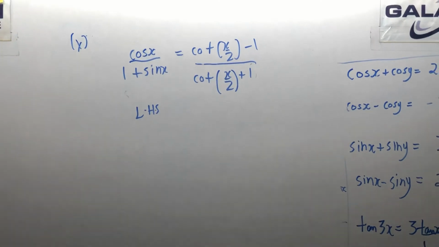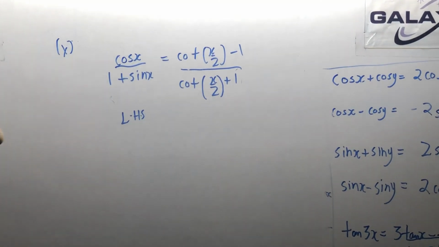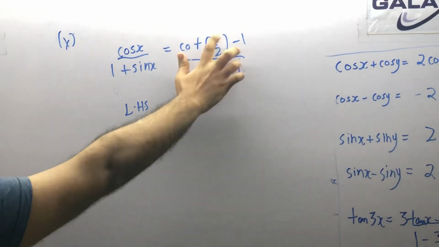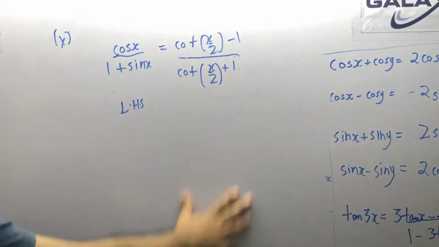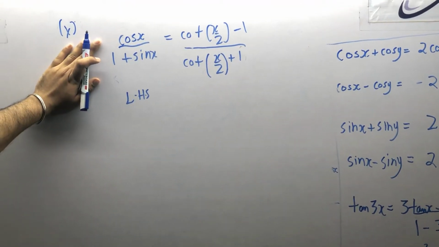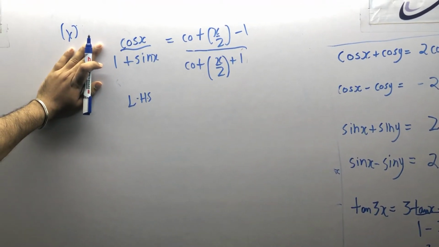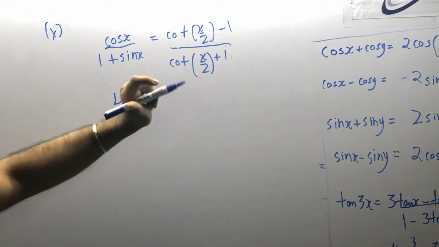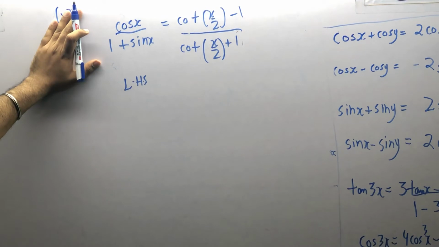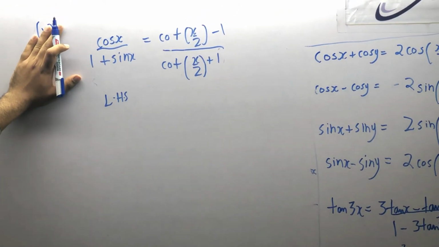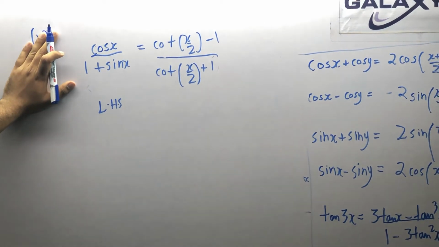Before I start this question, you should see the cot as you are seeing here, but on the right hand side you have cos. So how will you make it into cot? Also the angle is half: this is x and this is x by 2. So it should be clear in your mind that we are going to use the double angle formula. Now which double angle formula, we are going to see now.